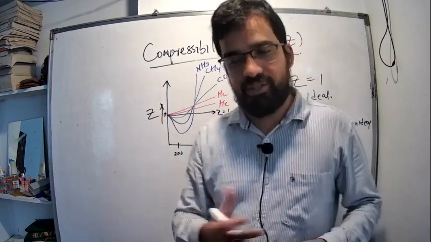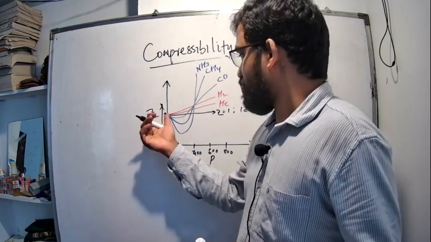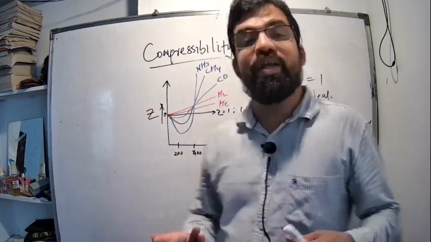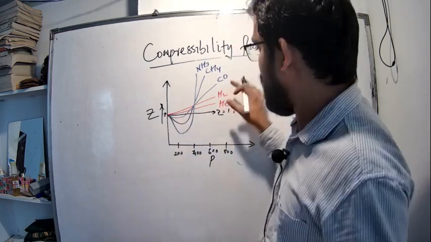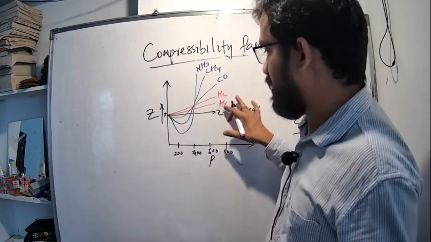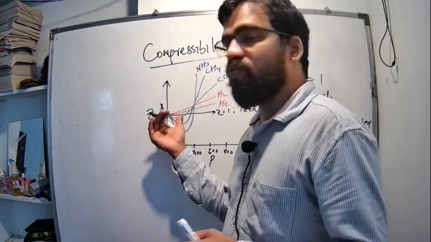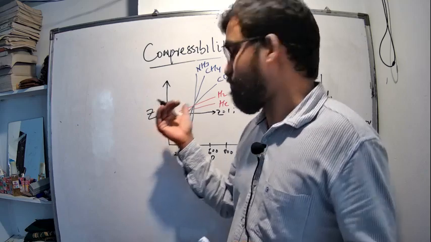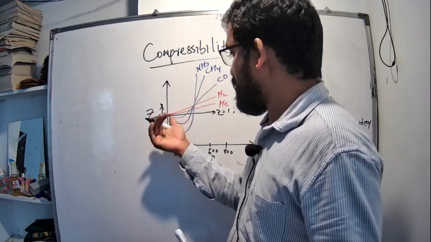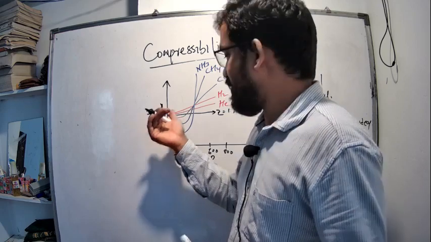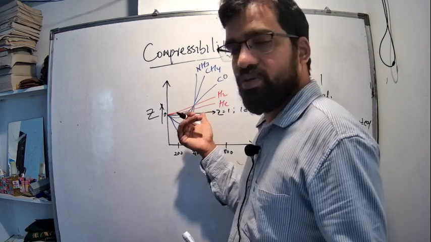When pressure increases, the Z value changes. Here H2 and helium always have Z greater than 1 at high pressure. There is no value below 1; this curve does not go below Z equal to 1.